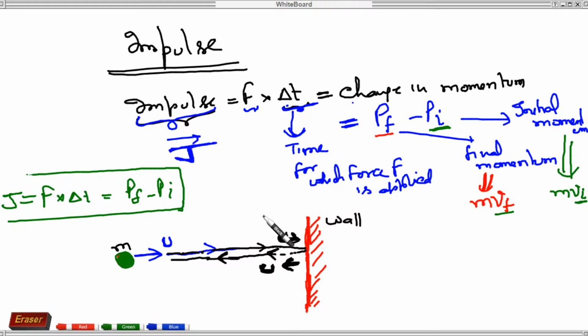So what is the momentum here? Suppose the time duration is delta t.